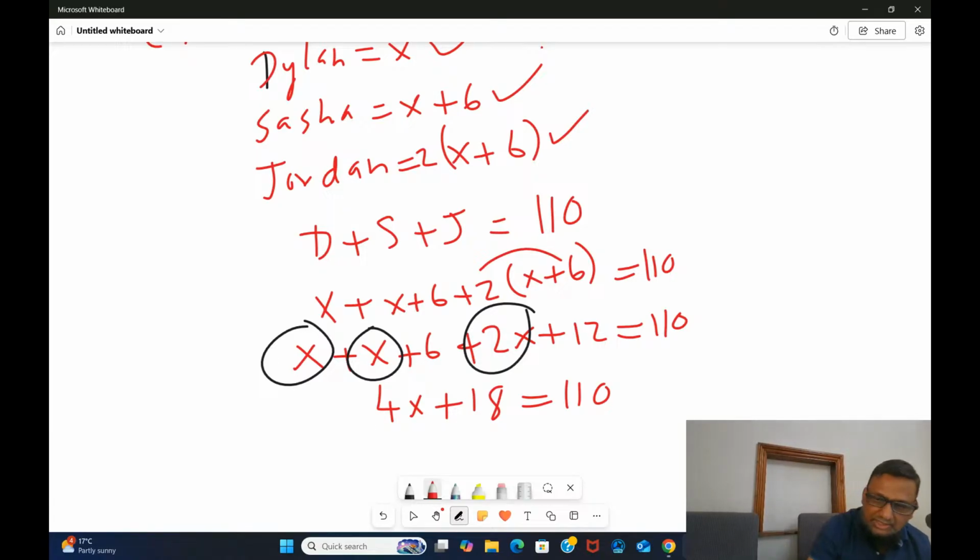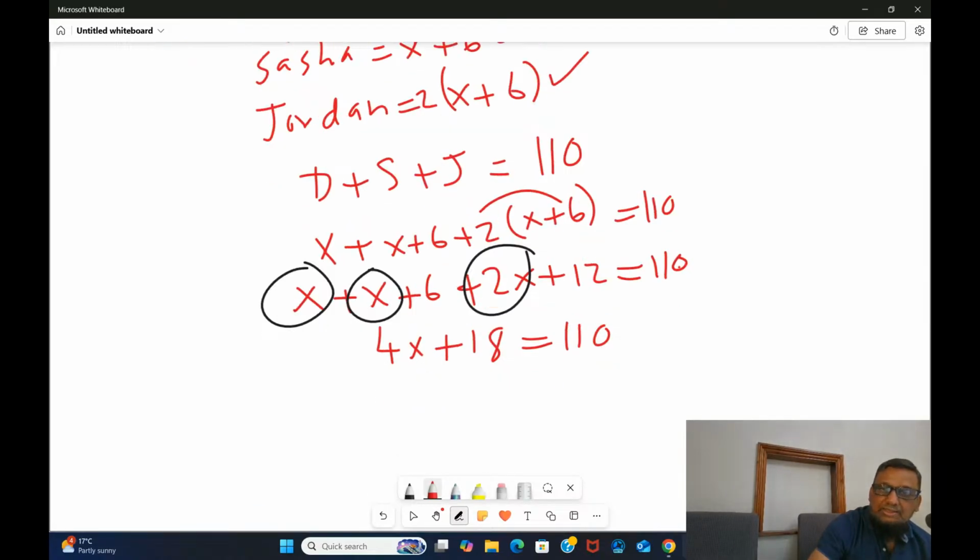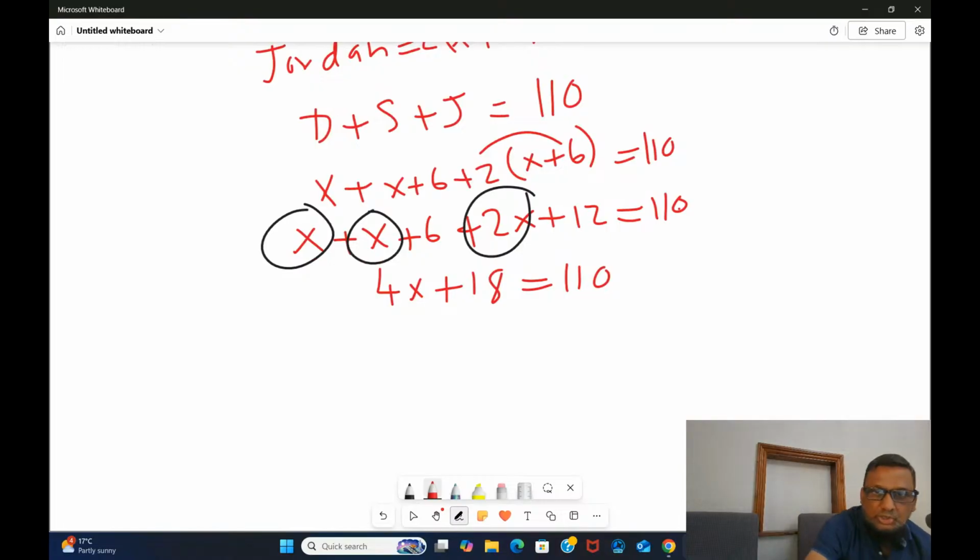As we know how to find out the value of X here, we need to remove this 18 by subtracting 18 from both sides. So positive negative cancel, so you get 4X equal to 110 take away 18, so it means 92.